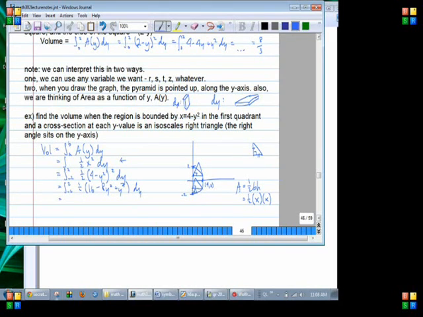So this winds up being 8y. And I'll just say this: half, 16y minus 8y cubed over 3 plus y to the 5th over 5, and that's all from -2 to 2.